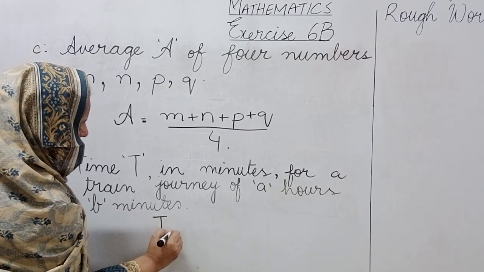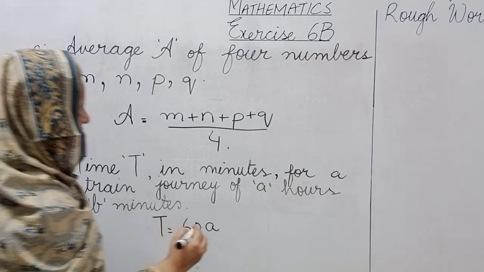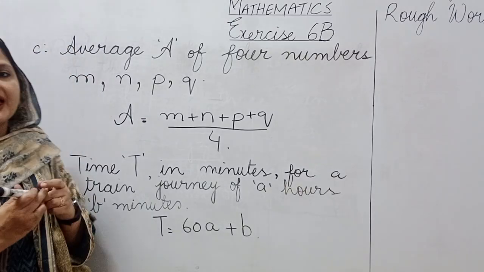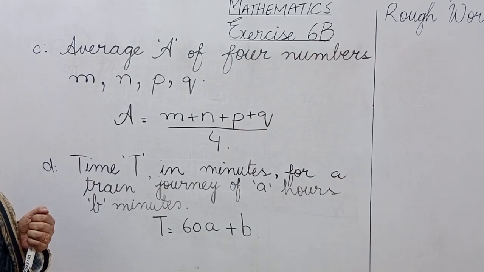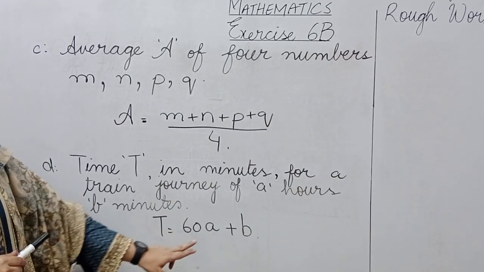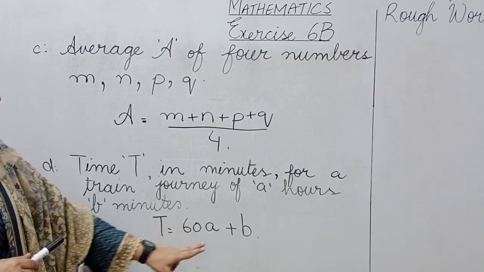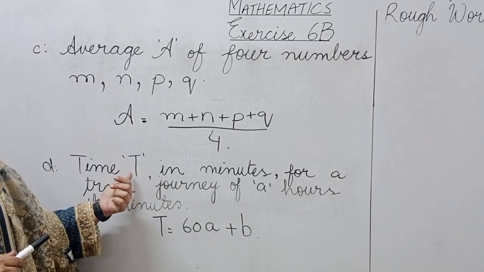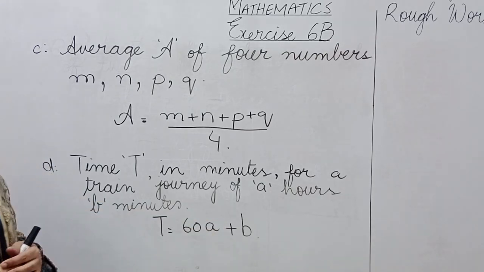So T is equal to 60A plus B. Now how many minutes are there in 1 hour? Yes, absolutely, 60 minutes. B minutes, A hour, 60 minutes. A hour, B minutes. So this is how you find the formula for T. T is equal to 60A plus B.